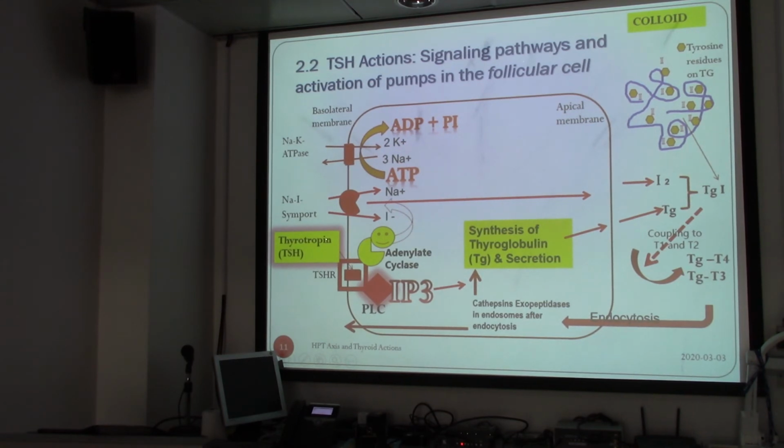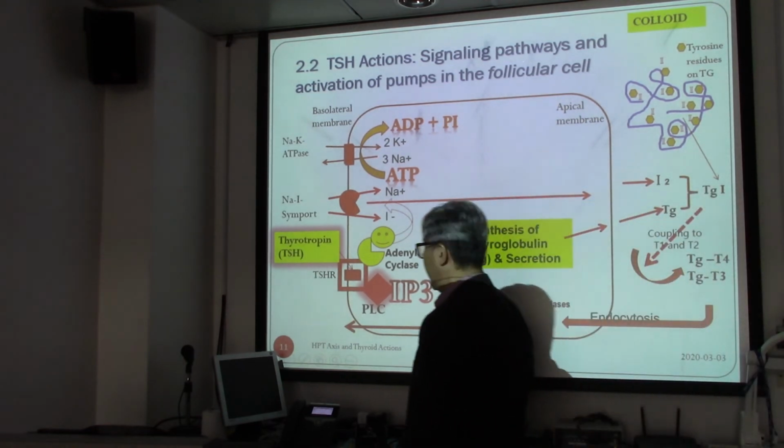The whole thing is actually under the control of, remember, thyrotropin or thyroid stimulating hormone, TSH, stimulating the receptor, bringing about adenylyl cyclase and also calcium signaling to activate this process.